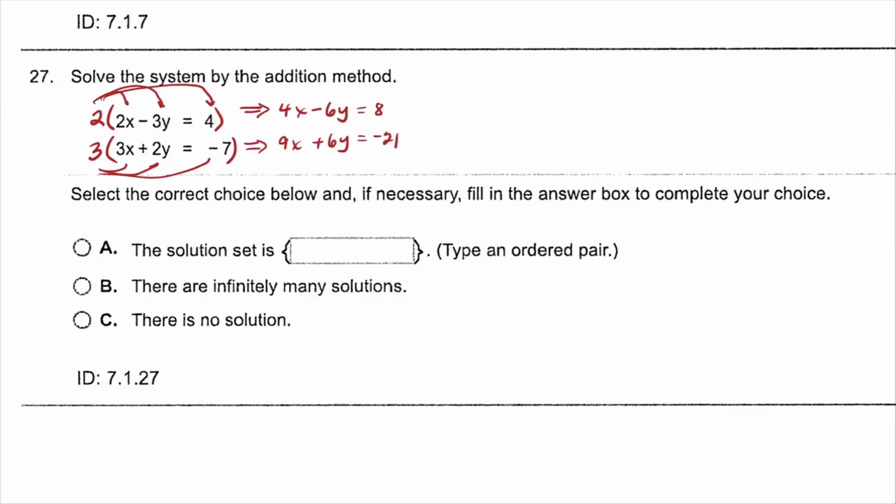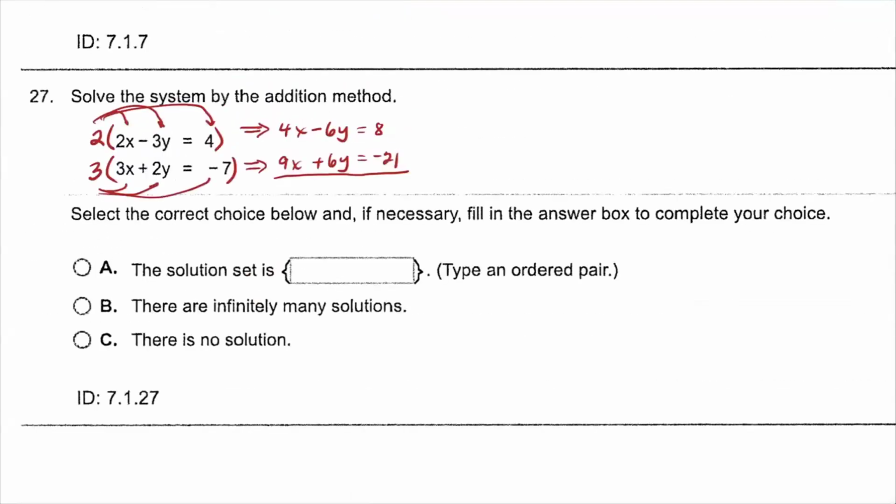Okay, so now I have 2 new equations, but they're equivalent to the old equations because I multiplied them by the same value. So then we add these things straight up and down, and the y terms become 0, right? Because they are opposites of each other and they have been eliminated.